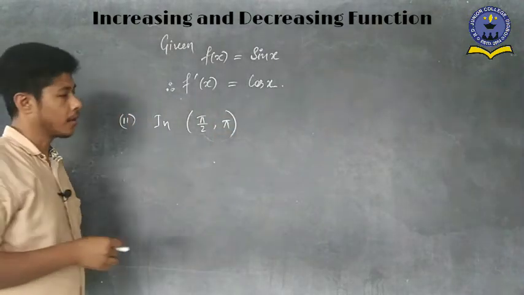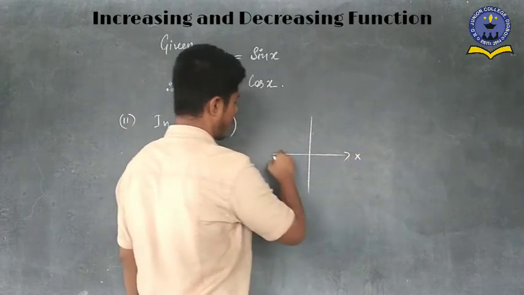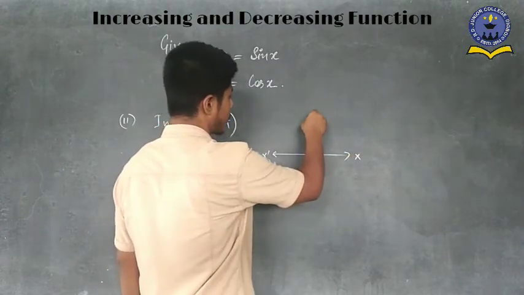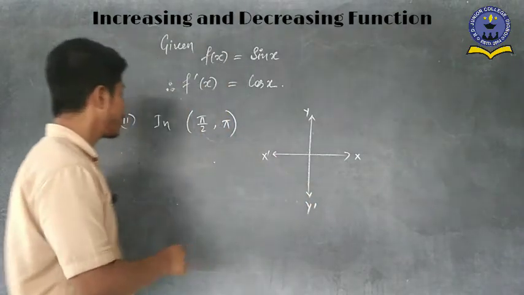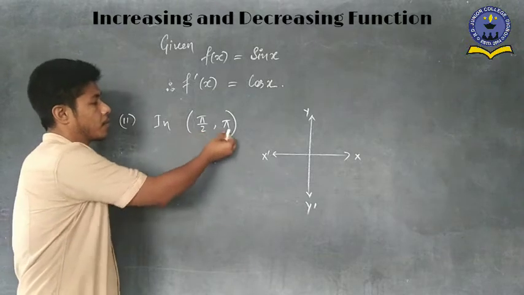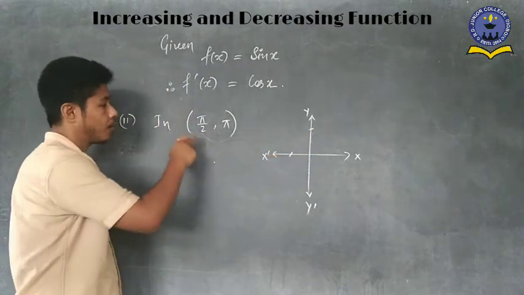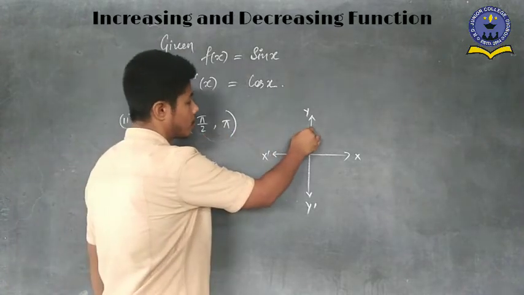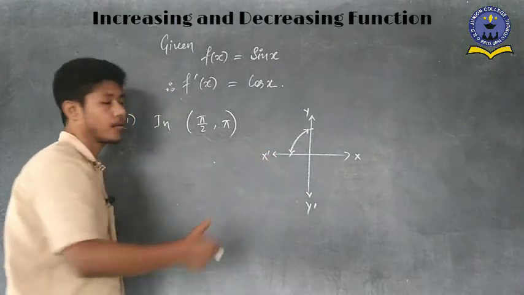In this case again, if we see the axes, here x, this one is x dash, here it is y, and this one we write y dash. The interval is again an open interval. If it is an open interval from pi by 2 to pi, at this place pi by 2 and at this place pi, so pi by 2 and pi are not included. So in between these two we have to write down the angles between pi by 2 and pi.